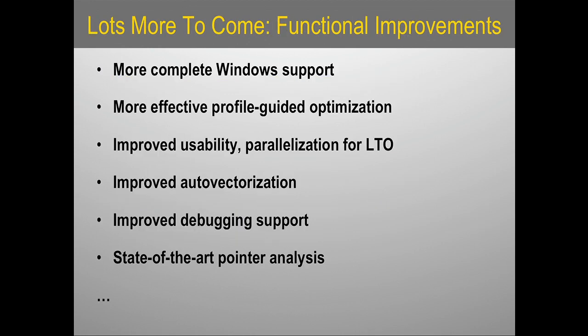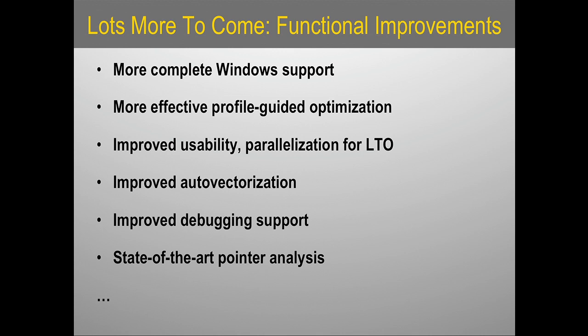So there's lots more to come, and these are my last couple of slides. There are a number of functional improvements that will be coming down the pike in the near future. More complete Windows support is a really big one. There are many people asking for this. More effective profile guided optimization. We'll actually hear more about this in a talk later today.